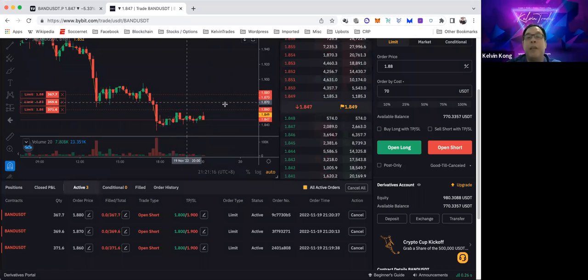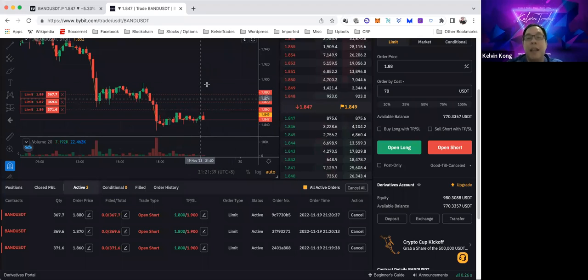If you just put one figure, let's say you think, okay, since Kelvin said 1.86, 1.87, 1.88, I put 1.87, right in the middle. What if it goes to 1.869 and then comes back down? Or what if it goes all the way to 1.88, then comes back down?